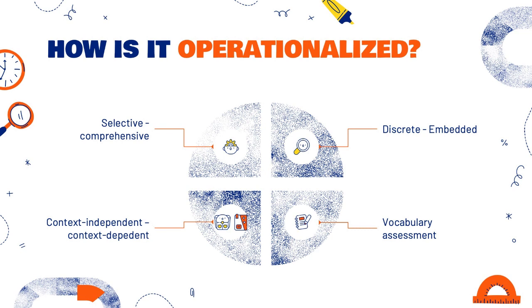In addition, we need to recognize that contextualization is more than just a matter of the way in which vocabulary is presented. So, context independent is a vocabulary measure in which the test taker can produce the expected response without referring to any context. On the other hand, context dependent is a vocabulary measure which assesses the test taker's ability to take account of contextual information in order to produce the expected response.